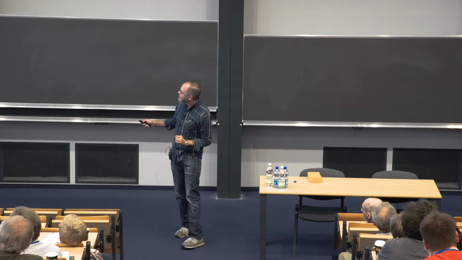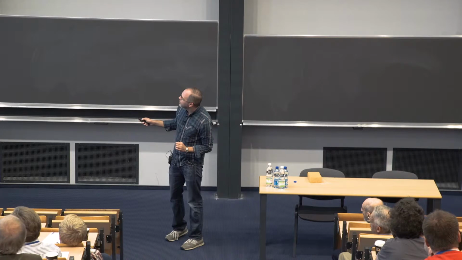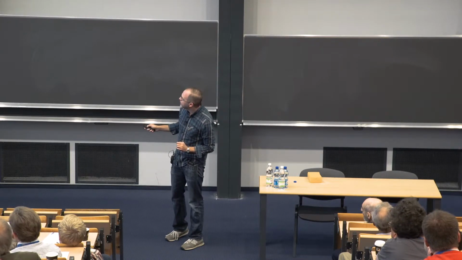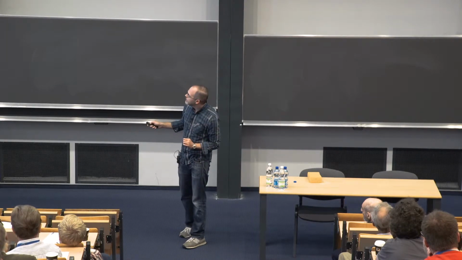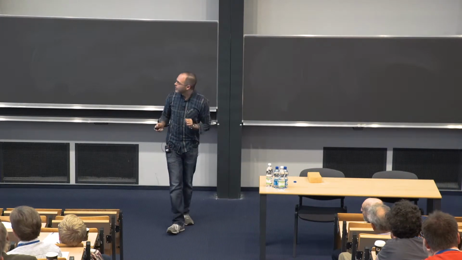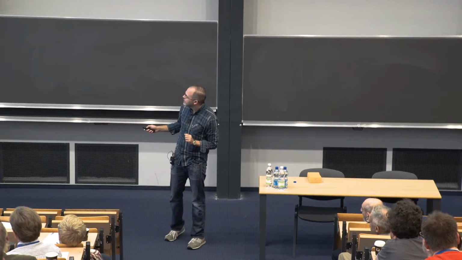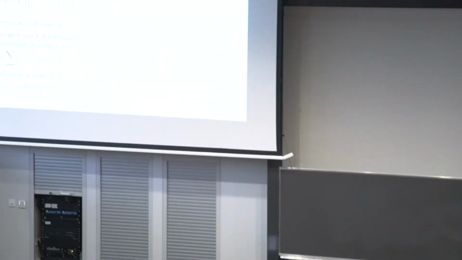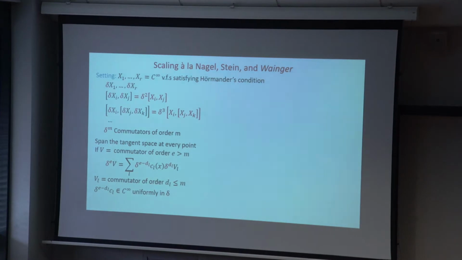Now, delta to the dl vl was something up in this list up here. Okay? e is bigger than dl because e is bigger than m, and dl is less than or equal to m. So delta to the e minus dl is a small number. Delta is small. So delta to the e minus dl times cl is some C-infinity function uniformly in delta. Okay, what does that tell us?